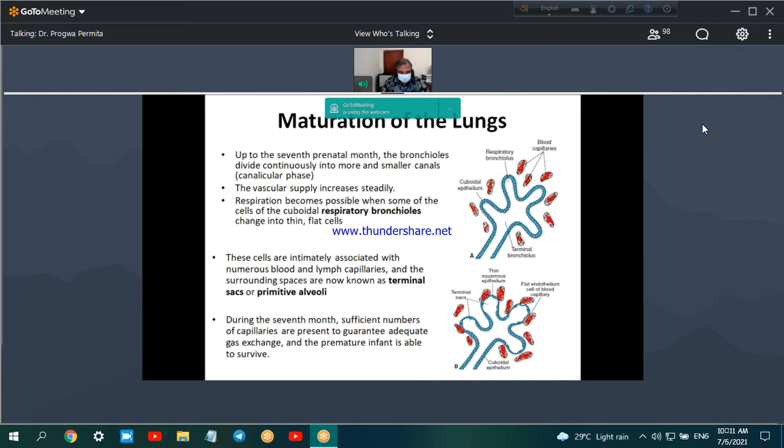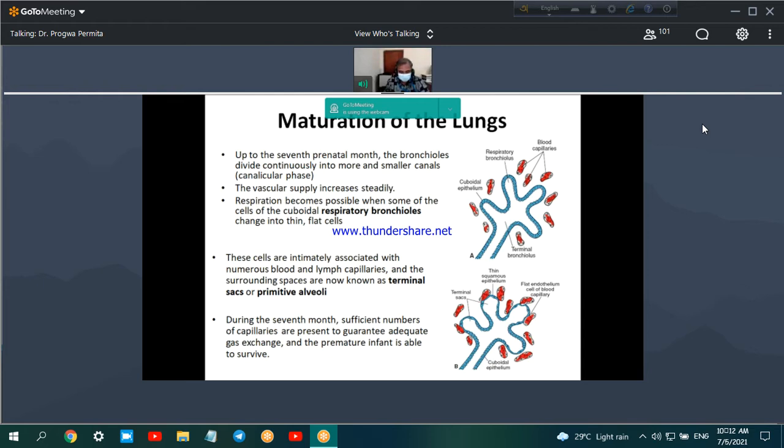Then the pseudoglandular stage, that persists from the 5th week to 17 weeks. Here, tubular branching of the human lung continues. By 2 months, all segmental bronchi are present, and the lungs have the appearance of a gland-like structure.